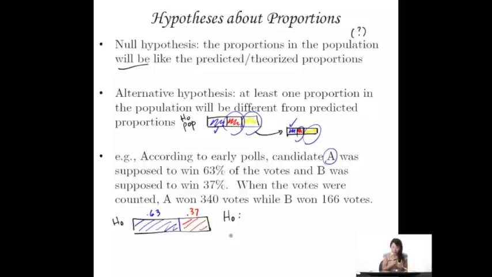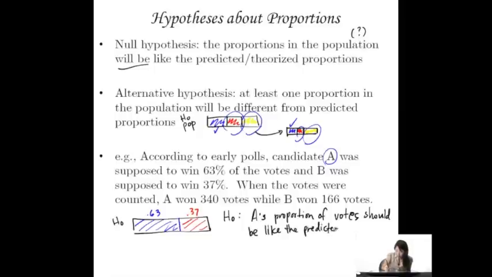So here we might say something like A's proportion of votes, of the actual real votes, should be like this, the predicted population, right?